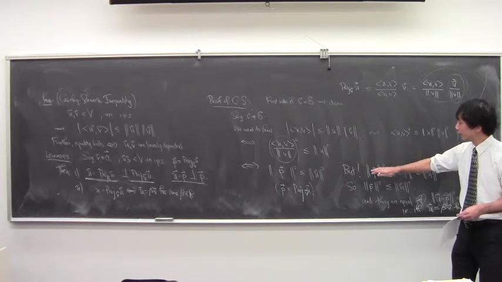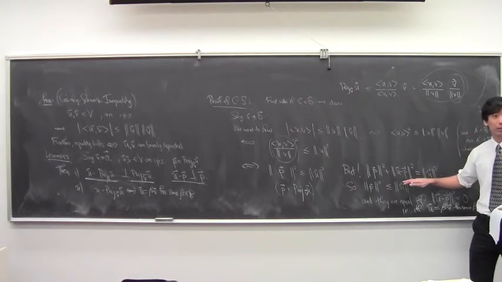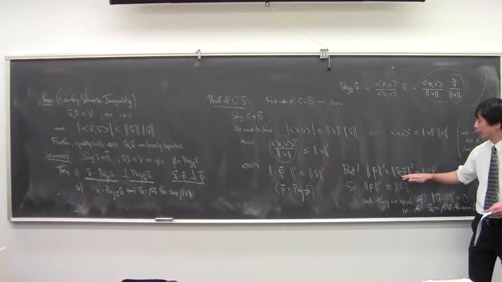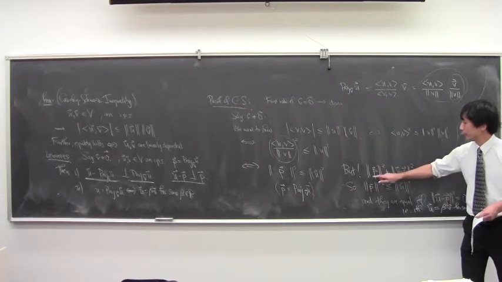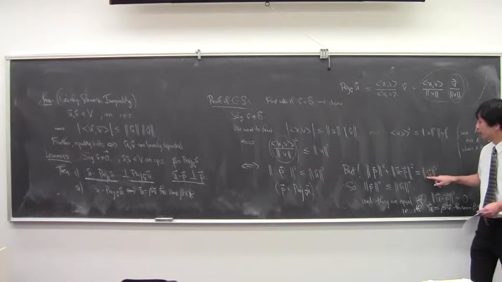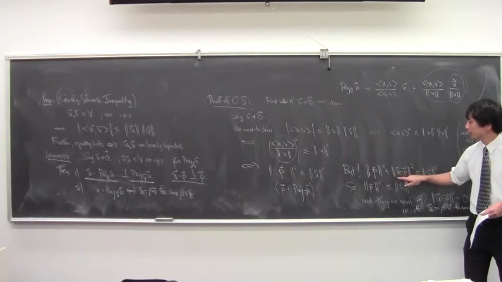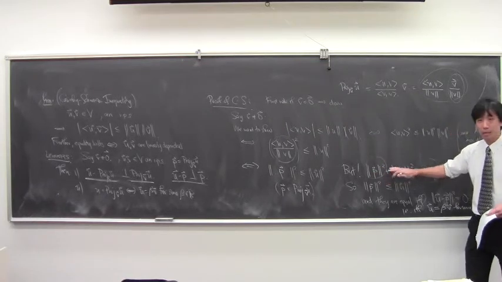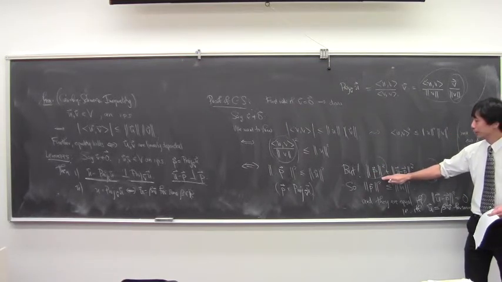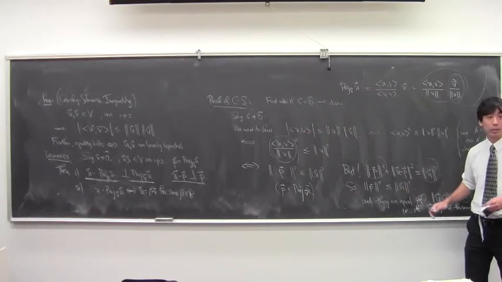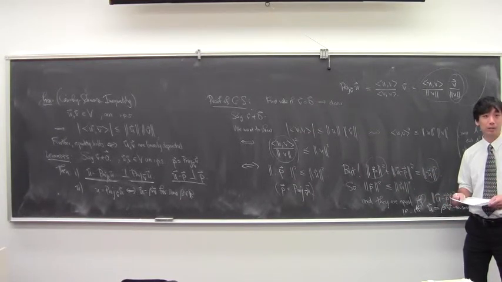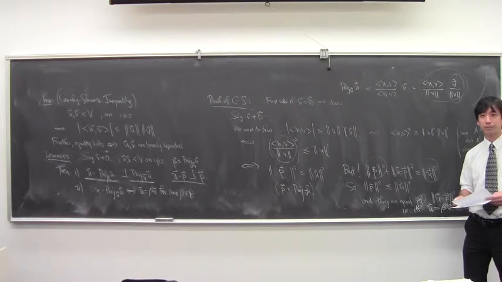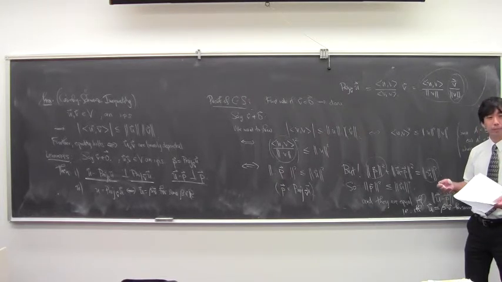Then we invoke the Pythagorean theorem, to say that the size of the projection squared plus something else squared is u squared. So Cauchy-Schwartz is actually an immediate consequence of the Pythagorean theorem, which is a consequence of having an inner product, of the properties of inner products.